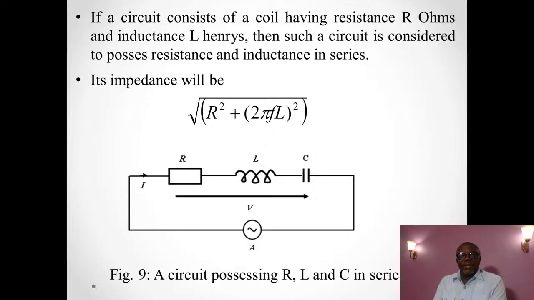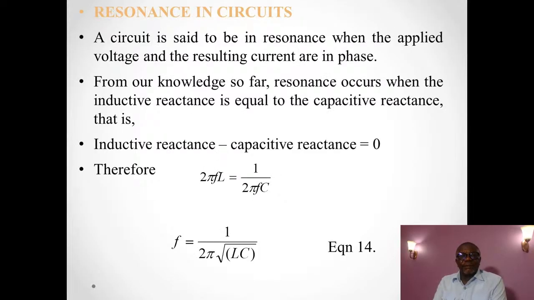If you have three of them in series, like shown in Fig 9, then it will be R squared plus the inductive reactance minus the capacitive reactance, minus because the voltages produced in them are out of phase. Based on that equation, it means that 2 pi FL is equal to 1 over 2 pi FC.